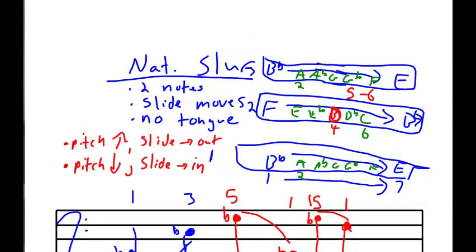One more. Let me see if we can think of one more example. Anything going to that F. So even if we started on G in 4th position here and went to the F in 6th position, that would be a tongue slur.